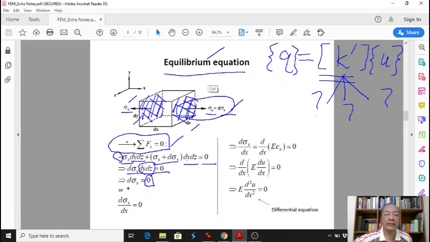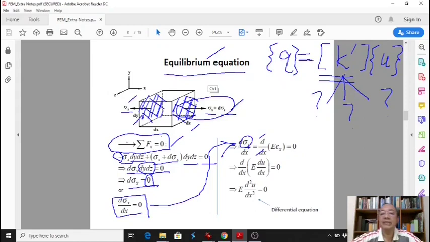So we find that d sigma x equal to 0, or d sigma x per dx equal to 0. Okay, so from here, d sigma x per dx equals d per dx of sigma x, and from the previous slide, sigma x is equal to E times strain. So this is equal to 0.